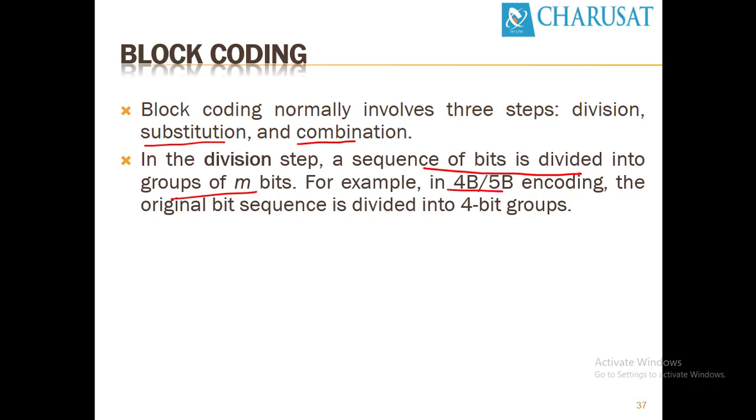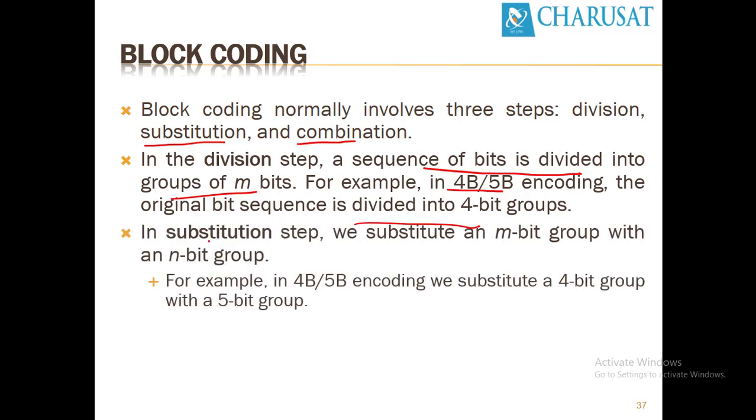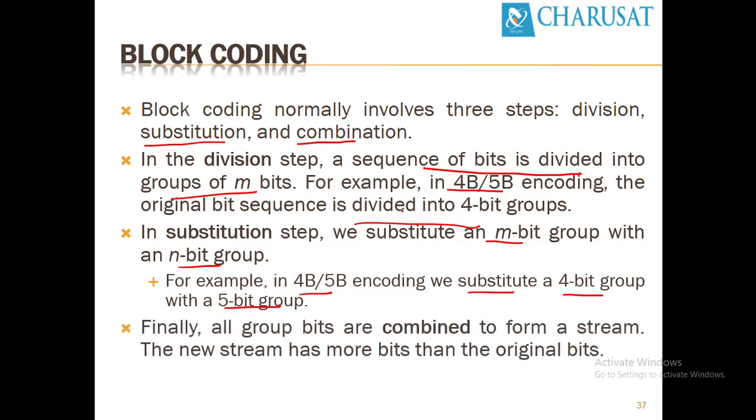We'll see in an example that the original bit sequence is divided into 4-bit groups. In substitution, we substitute each m-bit group with an n-bit group; in 4B/5B, a 4-bit group with a 5-bit group. Finally, in combination, all group bits are combined to form a string. The new string has more bits than the original because m is less than n.